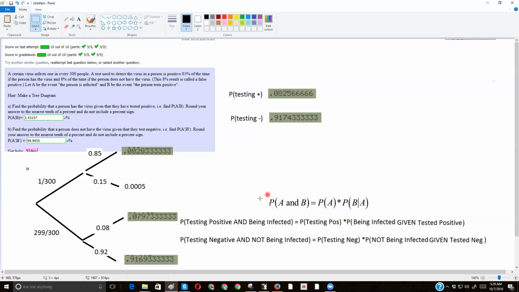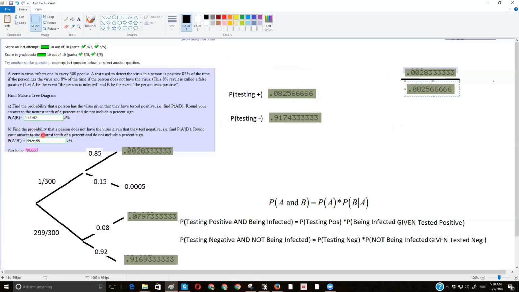So this number divided by this number, that's the probability of testing positive. Then multiply that by 100, and then make sure you give enough decimal places, is that answer.